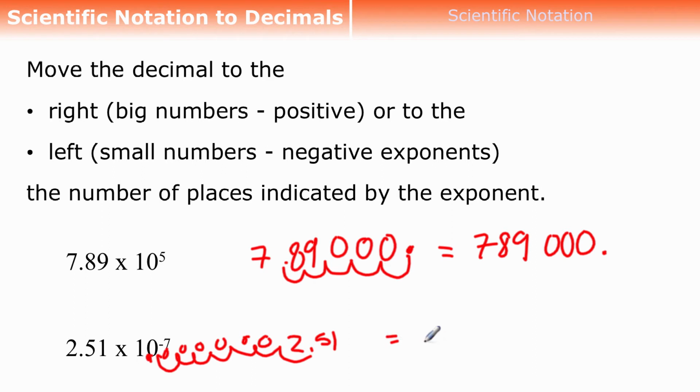So my answer will be 0.000000251. Often in front of a decimal, just for, I don't know, it's standard template kind of thing, we often put a 0 in front of there, probably just to set it off that that is a decimal and not like a period. So this will be the decimal notation of that one.